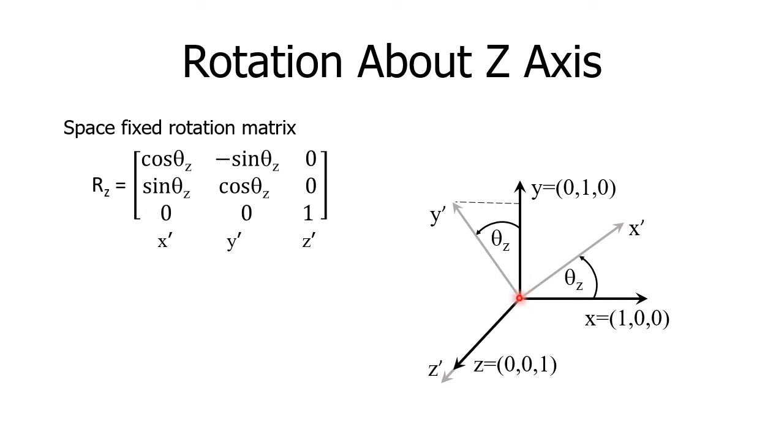And there's no projection around z, so it's a 0. The third column is a projection of z prime. Because z prime is in line with z, that's why you're getting 0, 0, 1. In this case, cosine and sine are on the upper left corner.